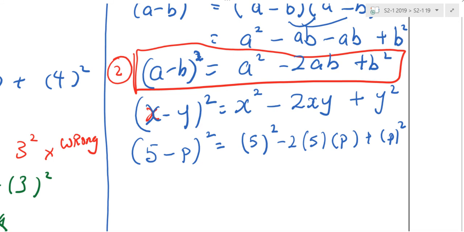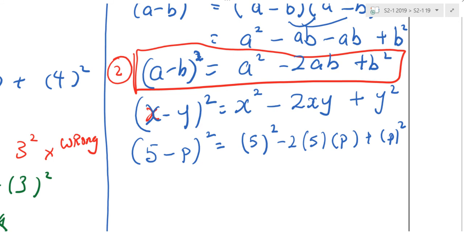You want me to write out? Very simple. Is it possible that the p squared comes first and then the 5 squared goes behind? Technically not wrong, but I always want to follow: this is the first item, this is the second item.